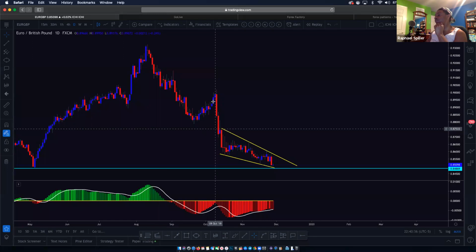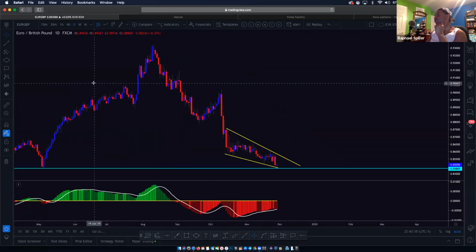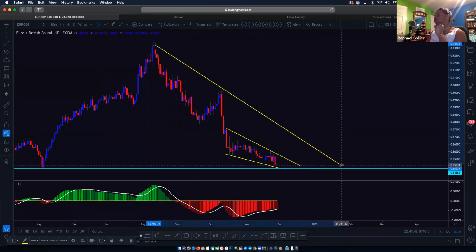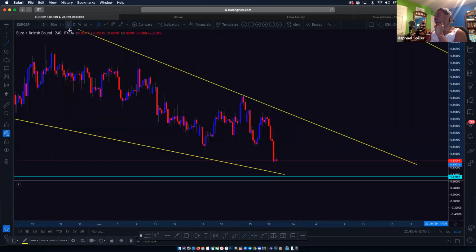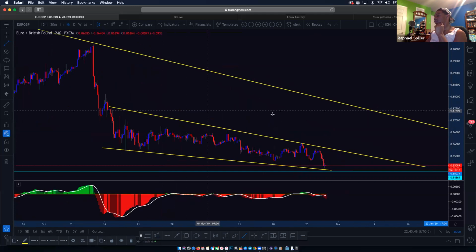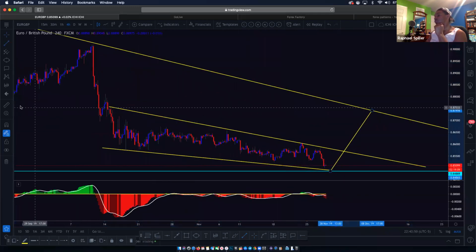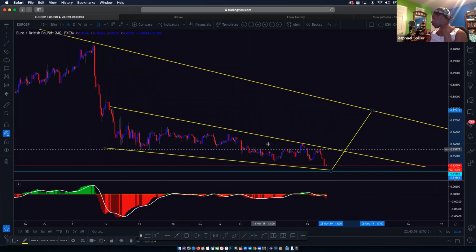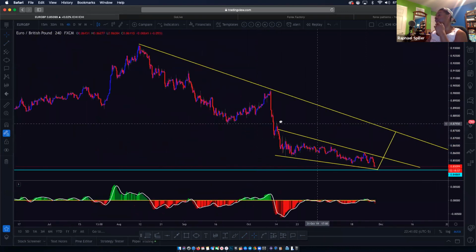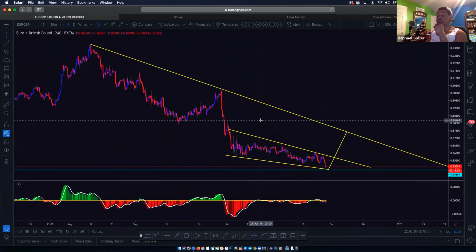This is how you become great as a trader, right? And then we're obviously in this downtrend structure. So I'm definitely expecting this up move. I'm expecting about 260 pips off of Euro GBP. 265 pips. Minimum.